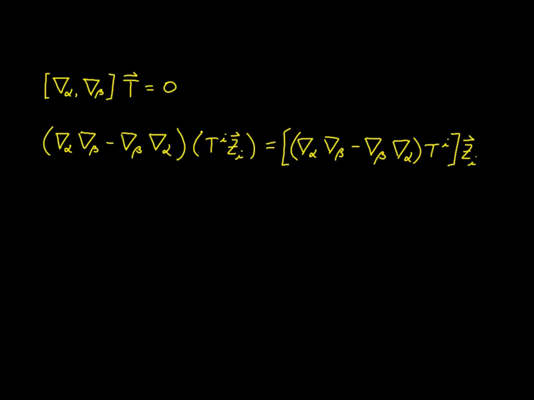Well, because we now know that this whole thing, because of this, is equal to 0, then that means that since this factor is not equal to 0, this factor itself must be equal to 0. And because we can flip the position of these indexes, raise one and lower the other, then it should immediately be obvious that the same analysis works for an ambient index that's in the lower position.